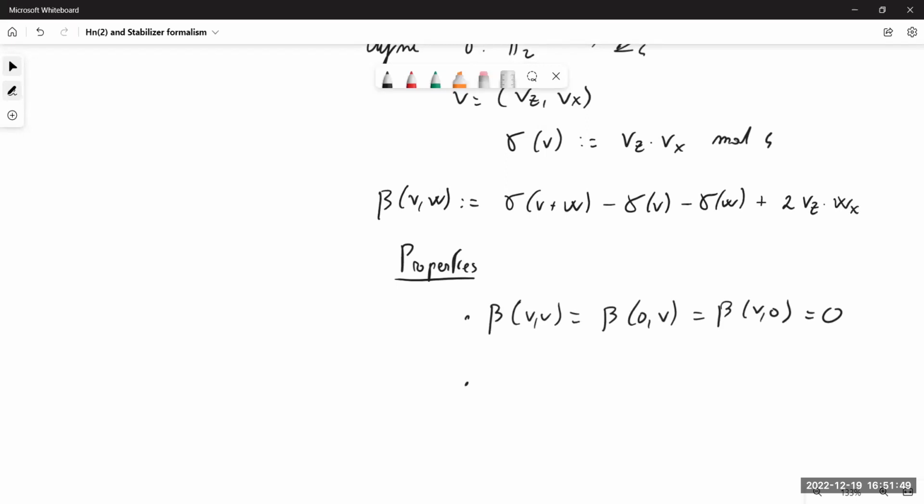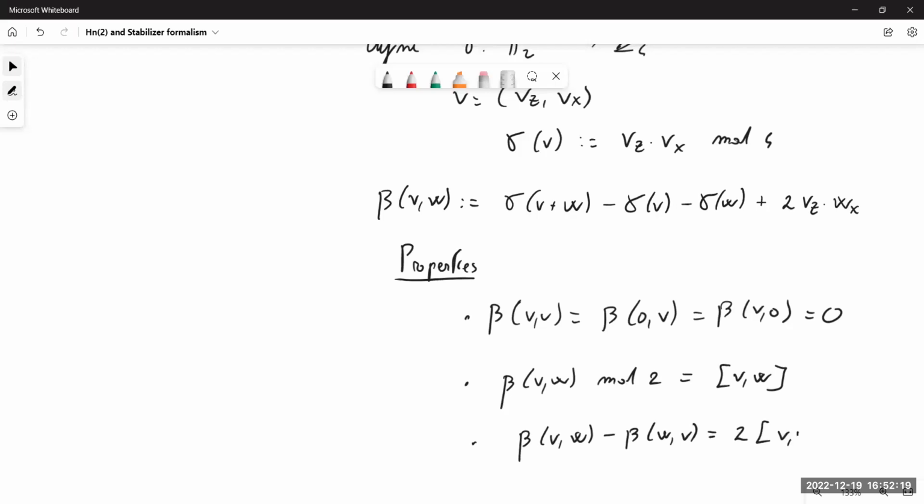The first one is that beta of V,W modulo 2 is just the symplectic form, and this is, of course, living in F2 now. And you also have this property: beta of V,W minus beta of W,V is equal to 2 times the symplectic form of V,W.